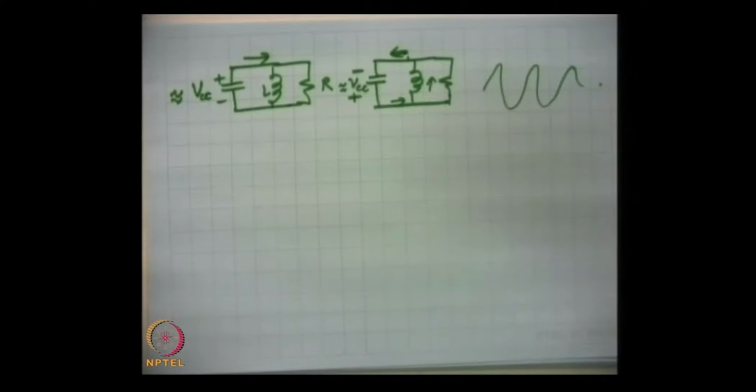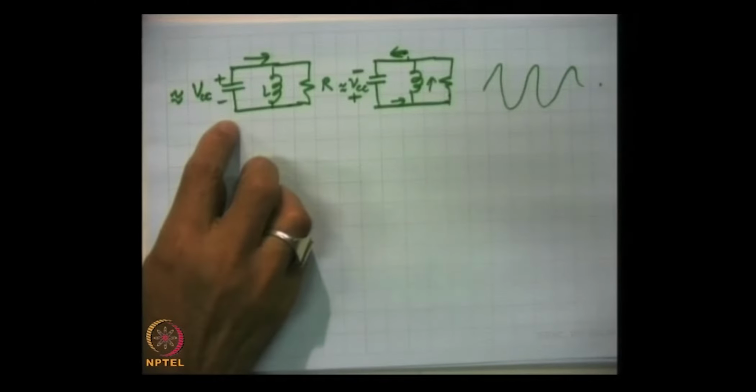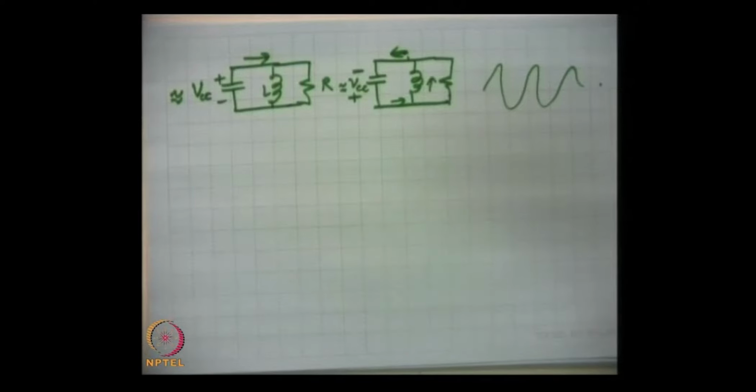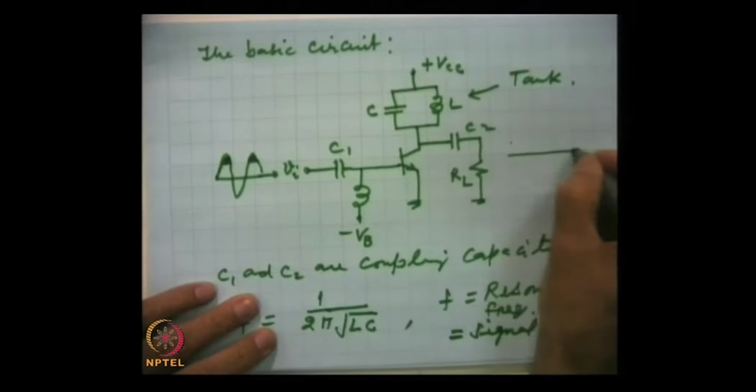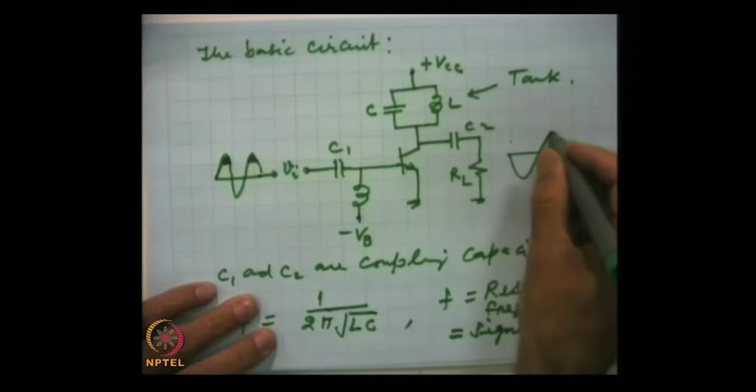By then another clock pulse will come and will charge it again to the same voltage, and the process will repeat. This way continuously we get an output pulse here like that.